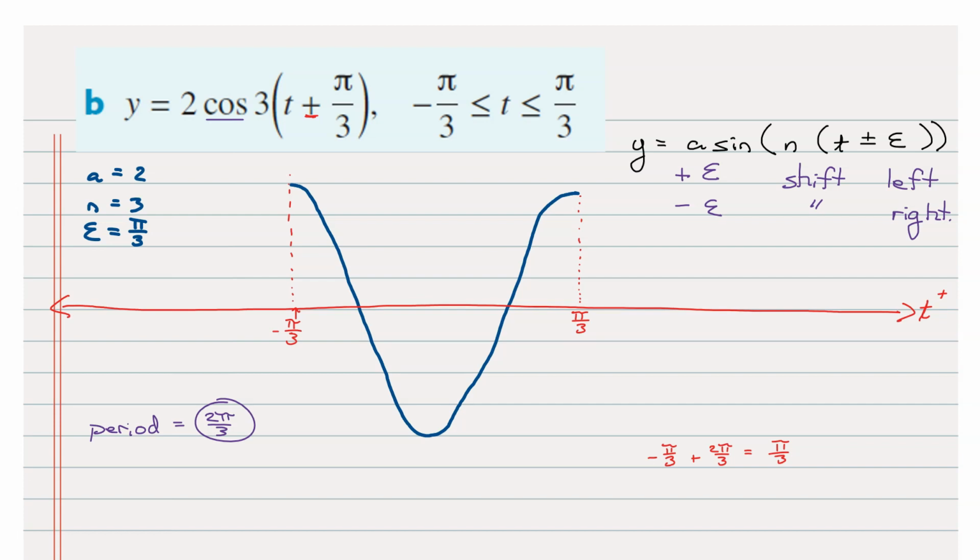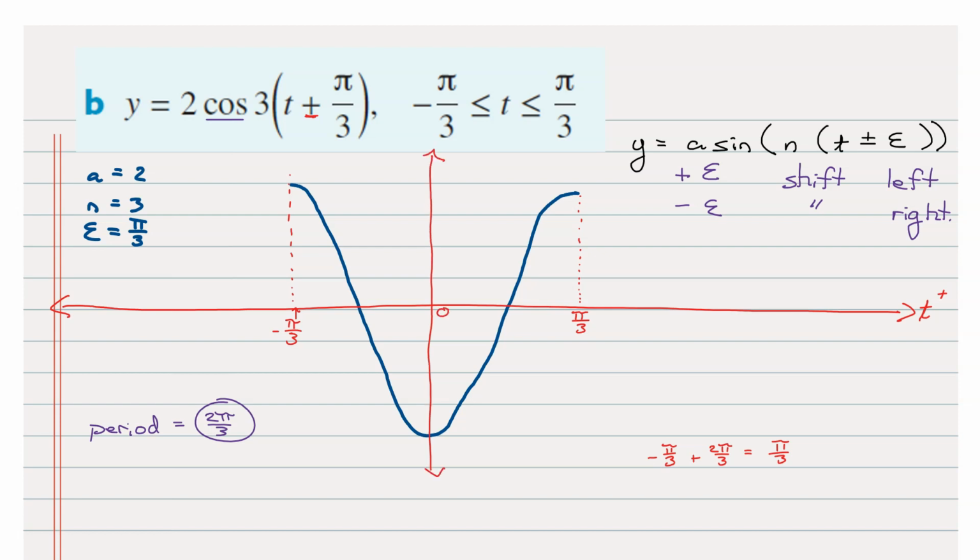Now, what we need to do is consider whereabouts the y-axis is. This one is actually a really nice example to do because the axis is going to be right in between negative pi over 3 and pi over 3. So I can simply draw it going straight down the middle like such.